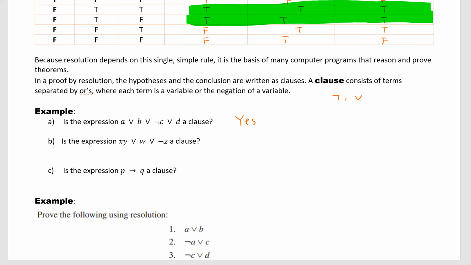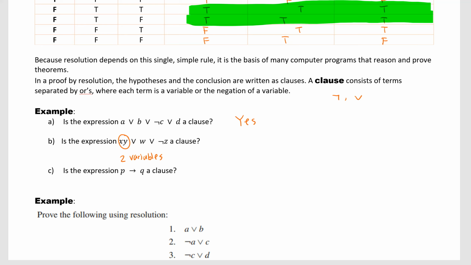And then part B, is the expression XY or W or not Z a clause? The problem is here we have 2 variables instead of a single variable. Each term between the ors should be only 1 variable.